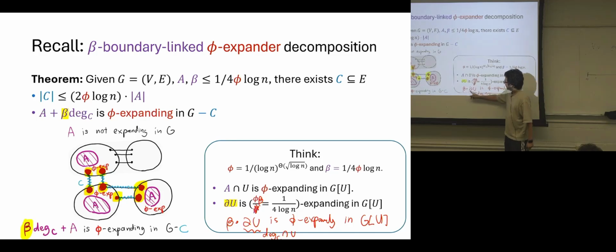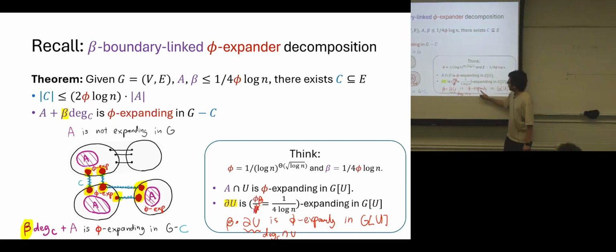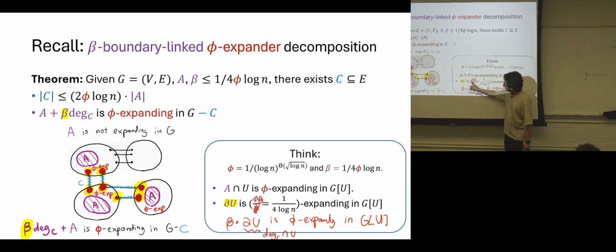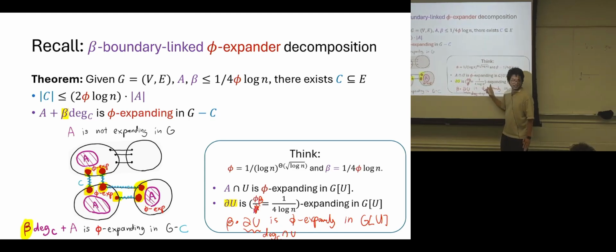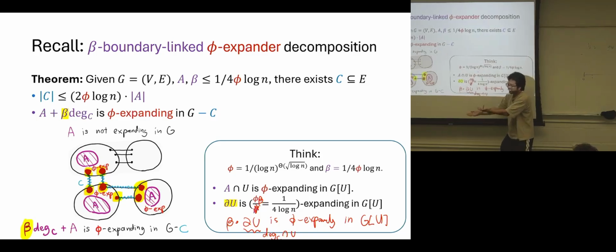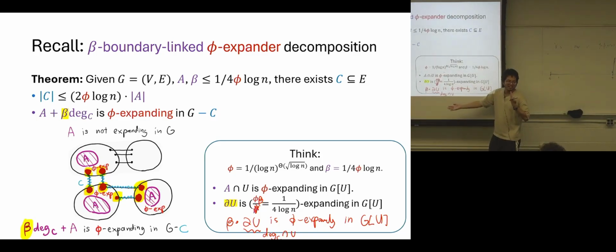So if this is phi expanding, then this without beta is phi times beta expanding, right? Like you scale down the node weighting, which means it's easier to be expanding.